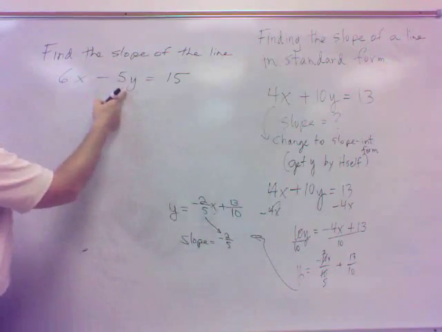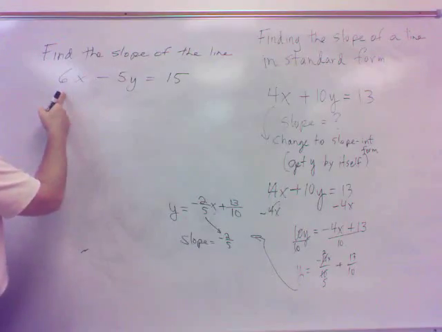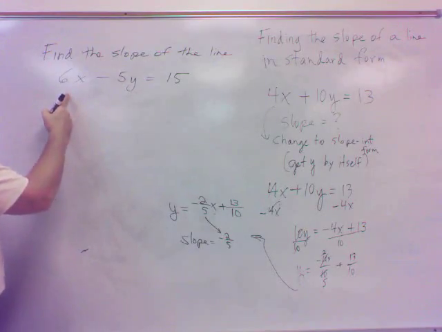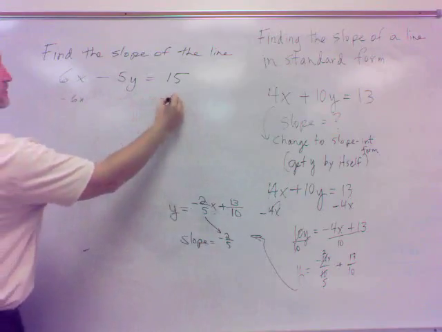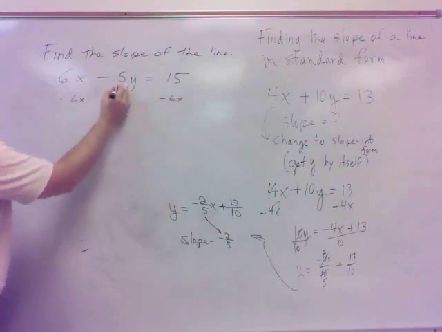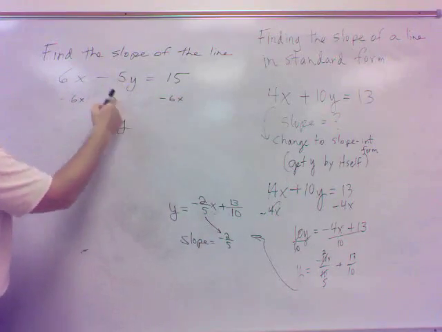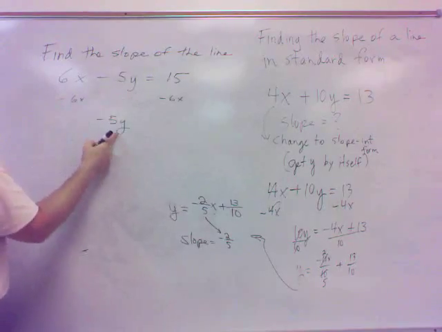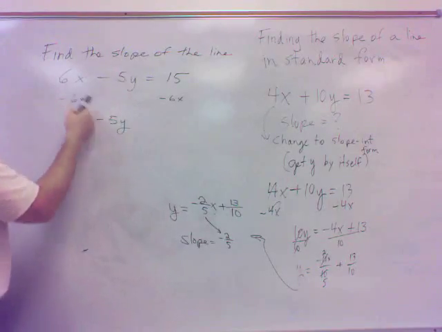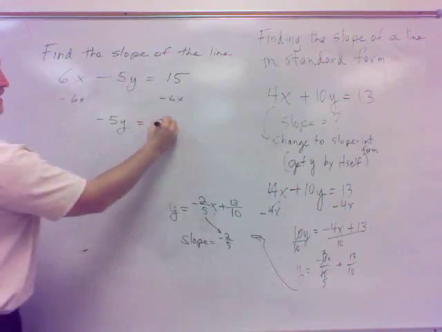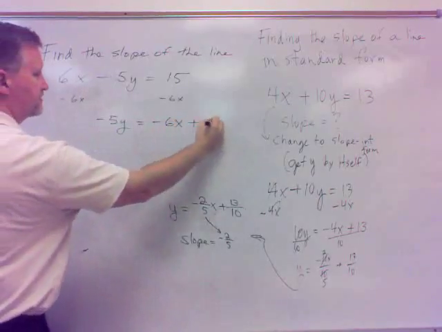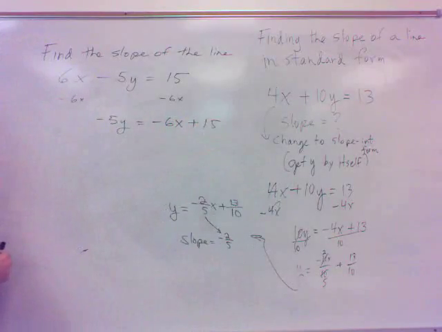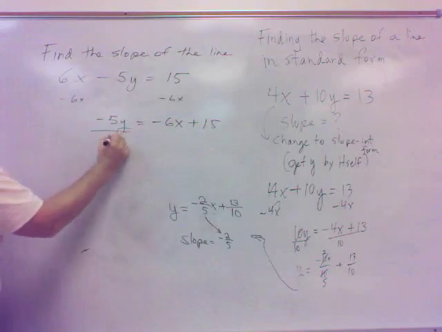Get the y on a side by itself. So I would, first of all, do what? Subtract the 6x. Now don't forget to bring down your minus. That minus 5y, the minus comes with it. 6x goes out, but the minus 5y stays. So minus 5y equals minus 6x plus 15. Then I divide by minus 5.